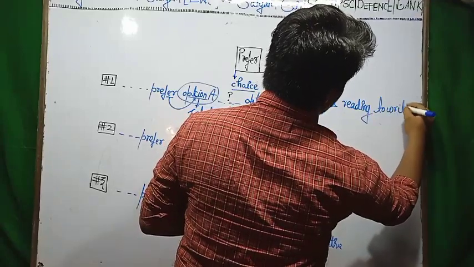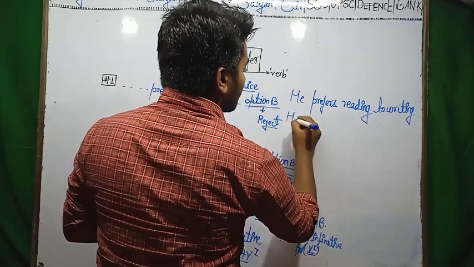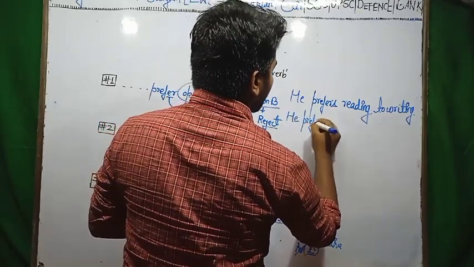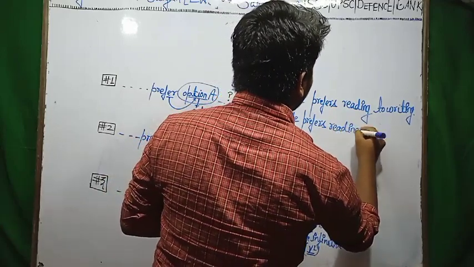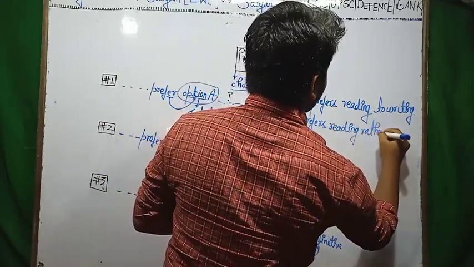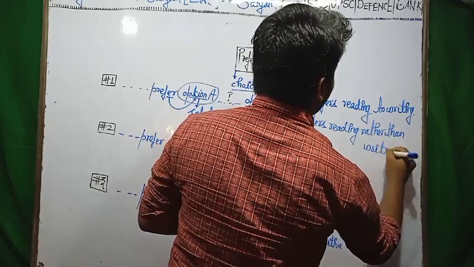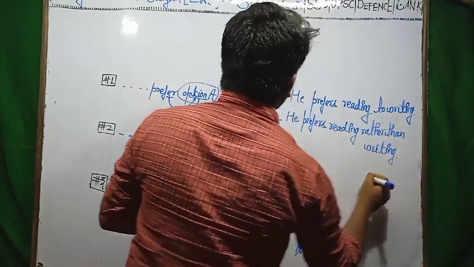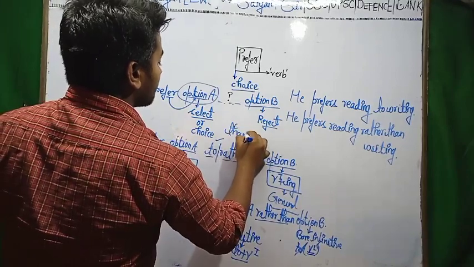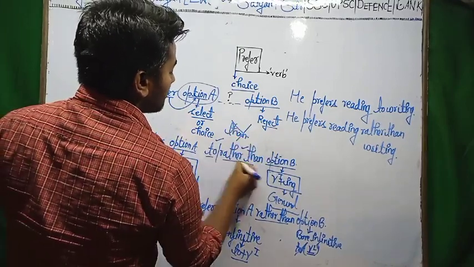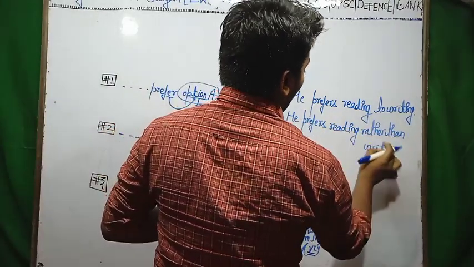You can express this sentence in this way as well: he prefers reading rather than writing. My dear friends, in the exam the examiner gives you only one of them, so if then is not possible, rather than is possible or to is possible. He prefers reading rather than writing.